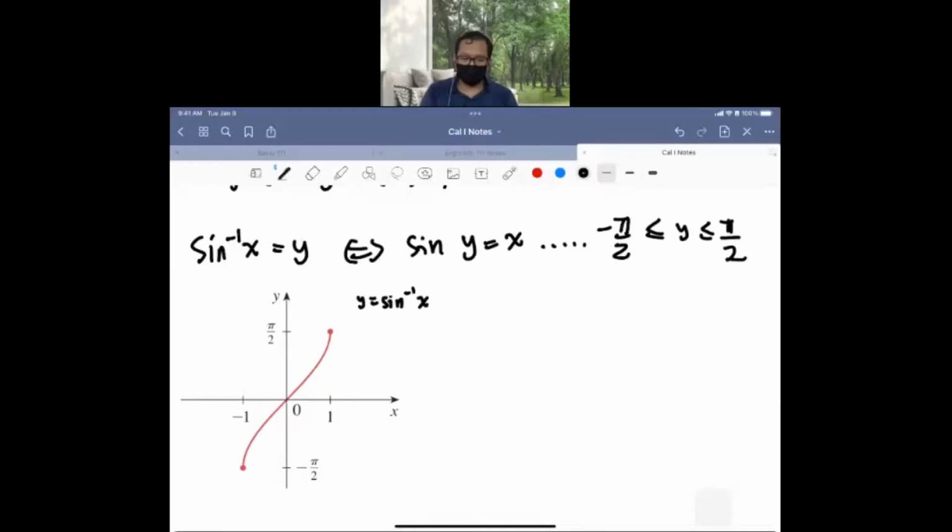Is my writing too small? Because of the system, I cannot make the square larger. So I think I need to make my writing a little bit larger.